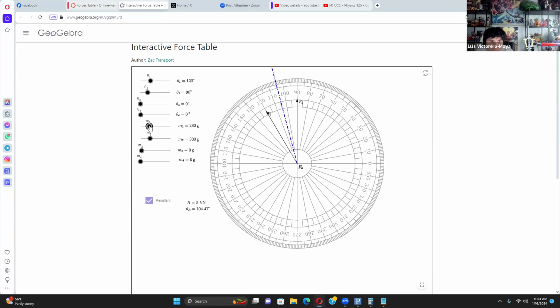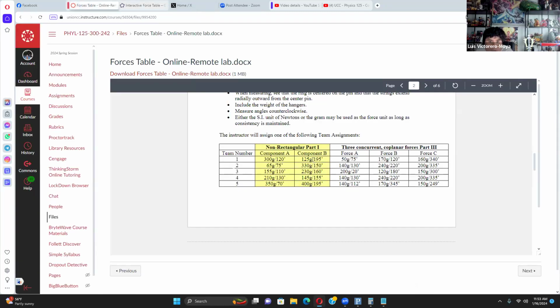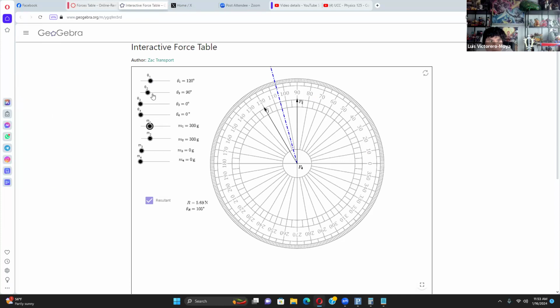So 300 grams there. That's the mass, that's the theta value. And then this is 125, 195. So 195 degrees and 125 here. There. So yeah, look, at 140.